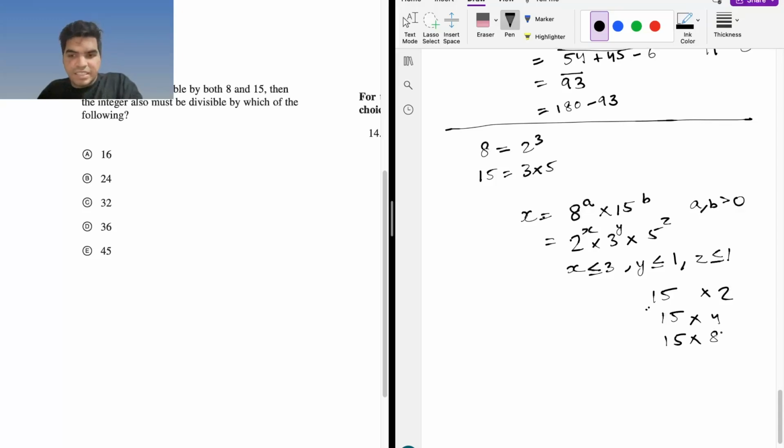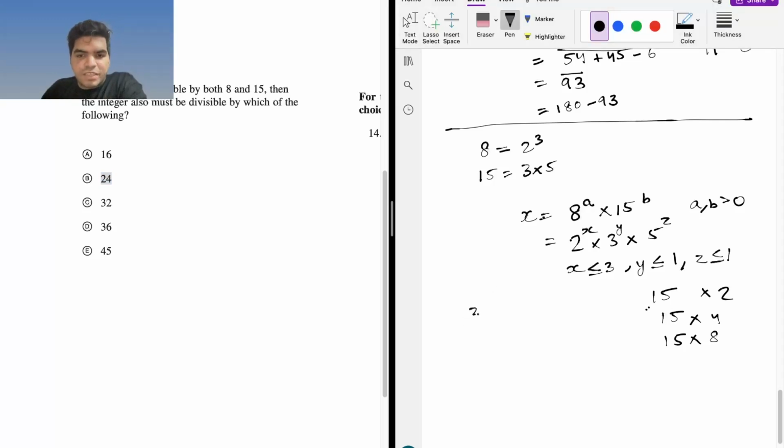So these are the three cases which can be there. However, we do not need to limit ourselves to 15 as well. Since it is given that it must be divisible, here it can even be 0 for any of the terms. So even if we end up dropping anything, an option like 24 is a perfect fit.